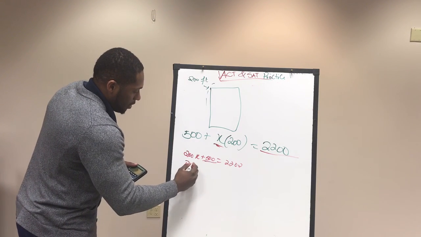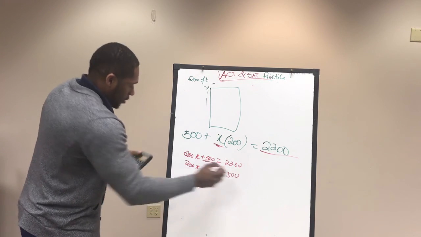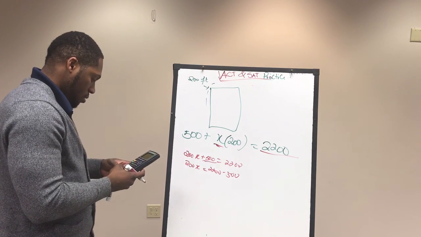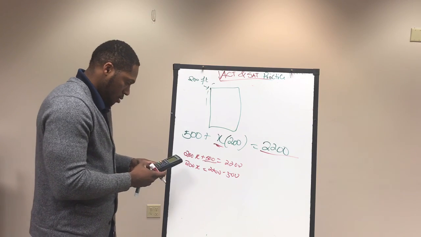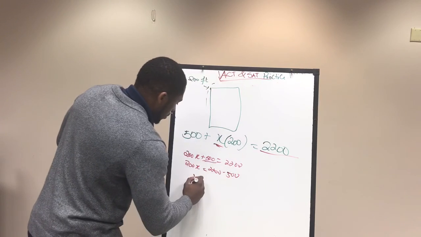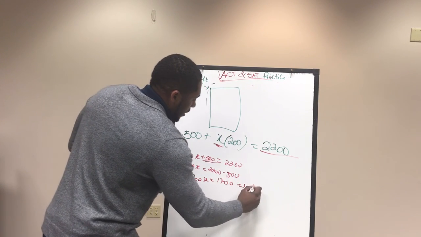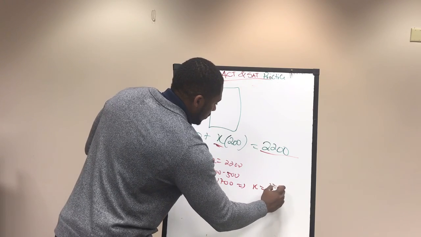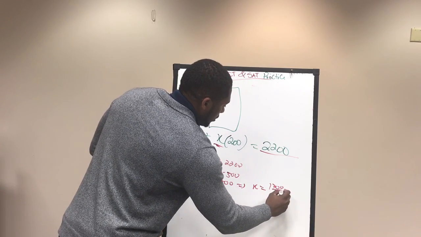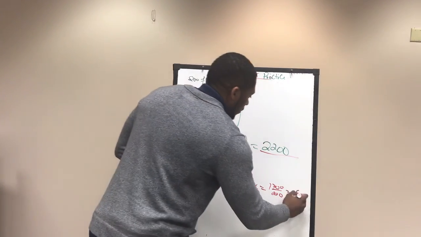So we have 200x equal to 2,200 minus 500, that's equal to 1,700. 200x is equal to 1,700. That implies x is equal to 1,700 divided by 200, which is equal to 8.5.